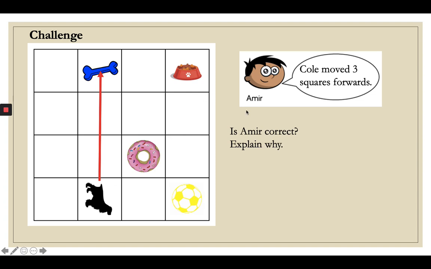Amir is saying Cole move 3 squares forward. Is Amir correct? Explain why. So is he correct or incorrect? But I'd like you to be able to write a sentence to explain why he might be correct or incorrect. Pause the video if you need to.